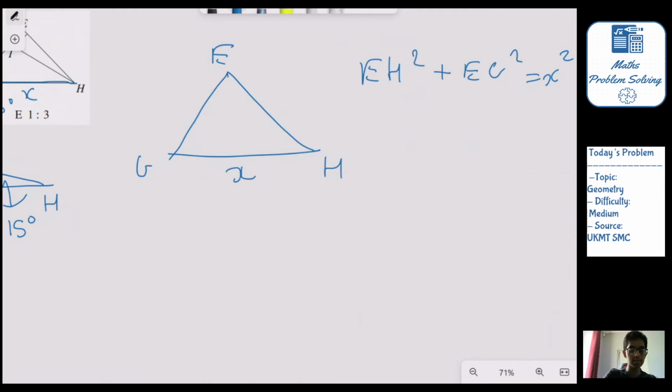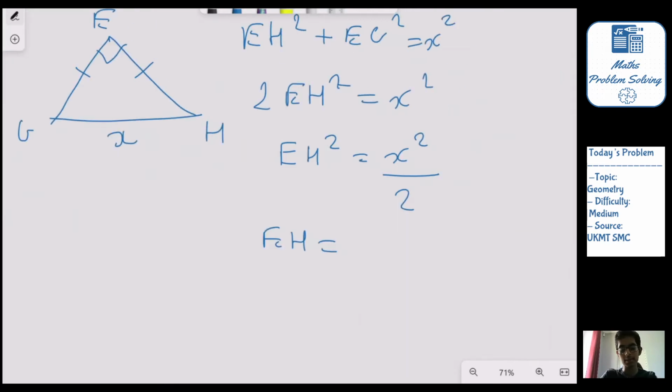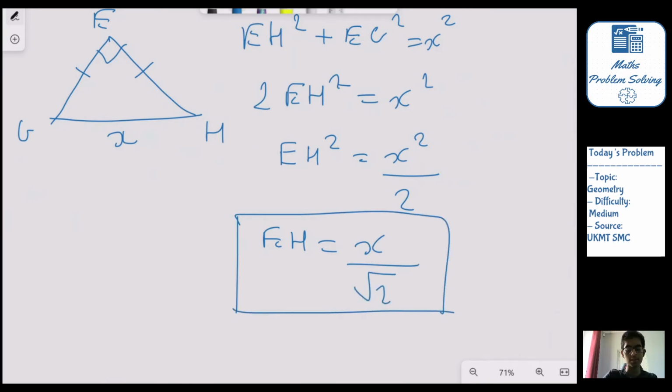EG equals EH since it's a right angle isosceles triangle. Therefore EH squared times 2 equals x squared. Therefore, if we rearrange for EH squared, we get x squared divided by 2, therefore EH equals x divided by root 2. So this is basically what EH is.